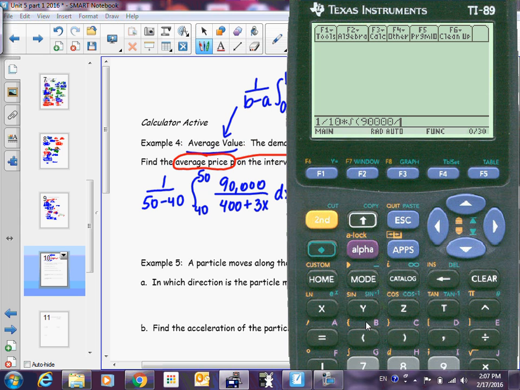Please be aware that you need to use parentheses on that 400 plus 3x. We need to go comma x, comma 40, comma 50. So it's the same stuff we had been doing when we typed these in the calculator.